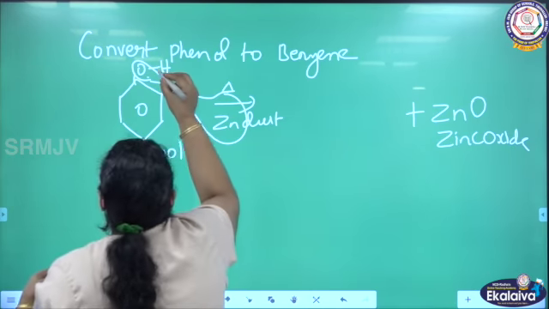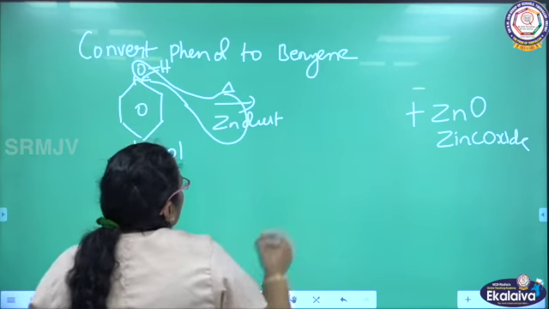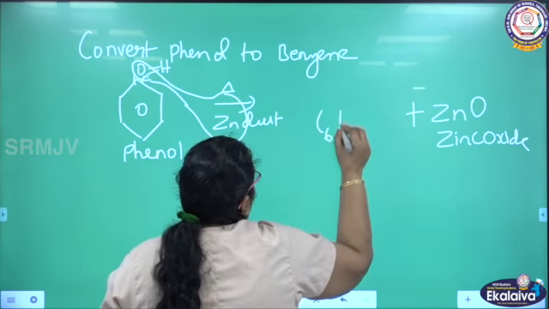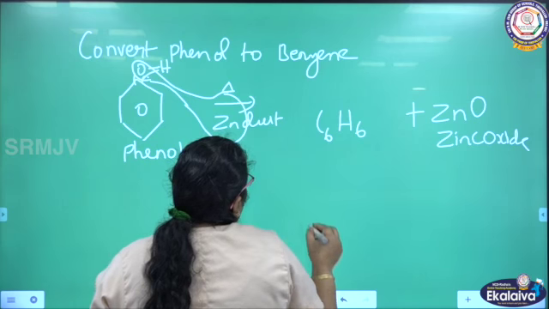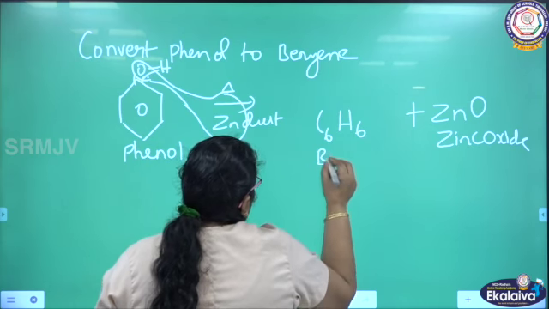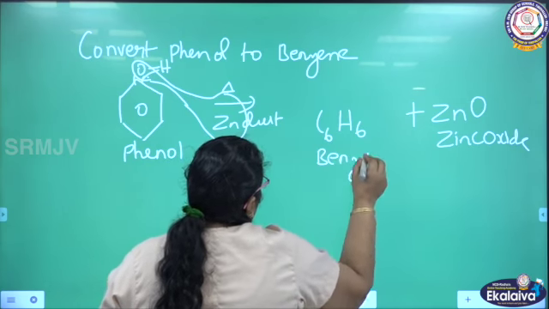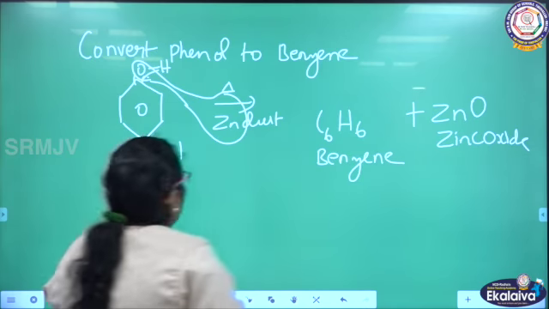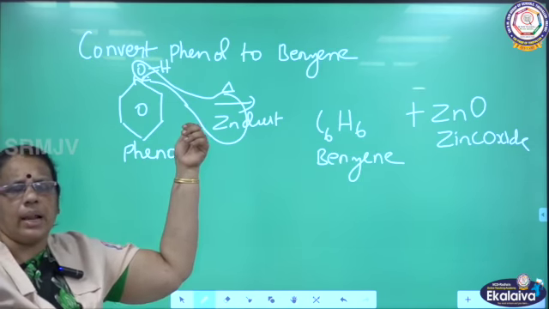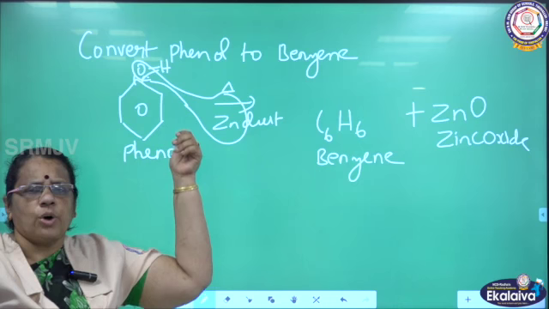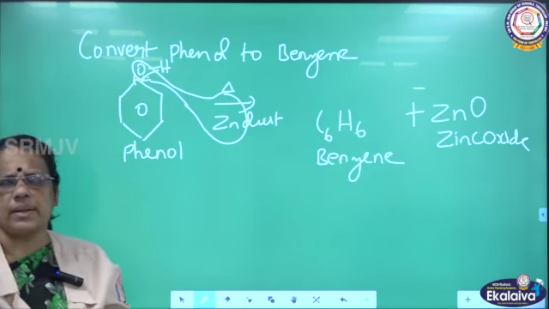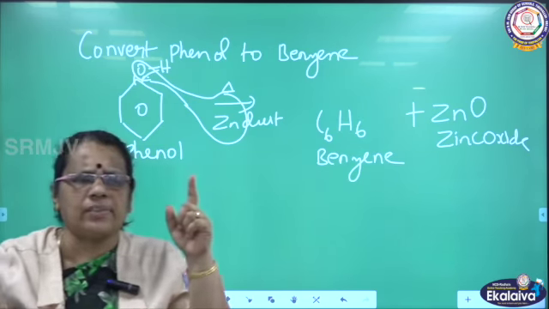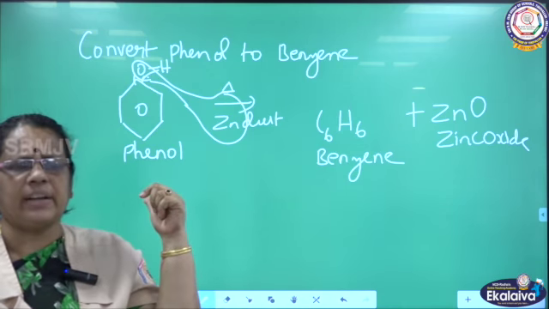What is the main product? Hydrogen is added to the benzene ring. So what is the compound I am getting here? Benzene, C6H6. So phenol, heating with zinc dust. Phenol has OH, is it not? Oxygen of phenol is removed and combined with zinc dust.